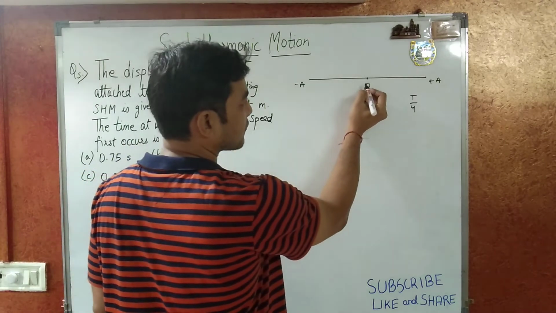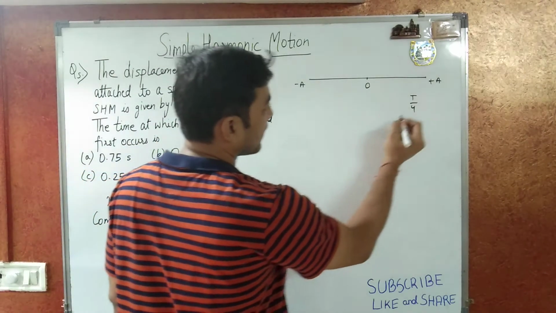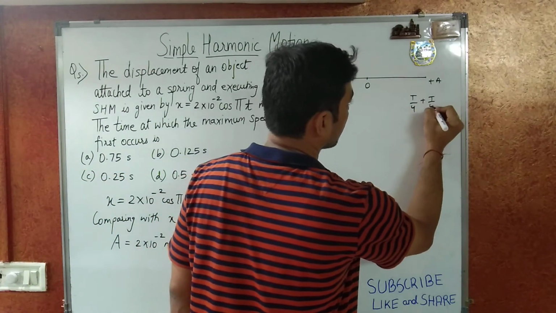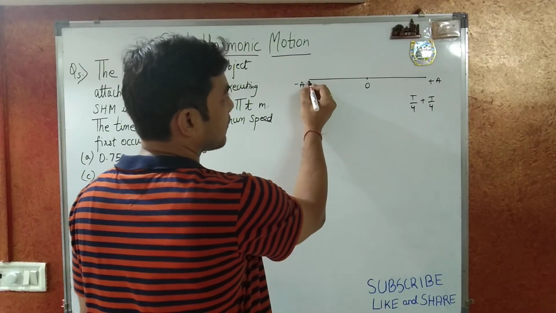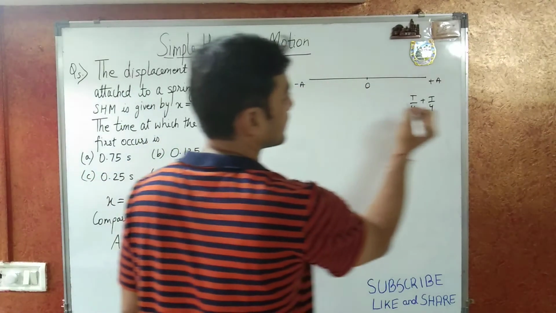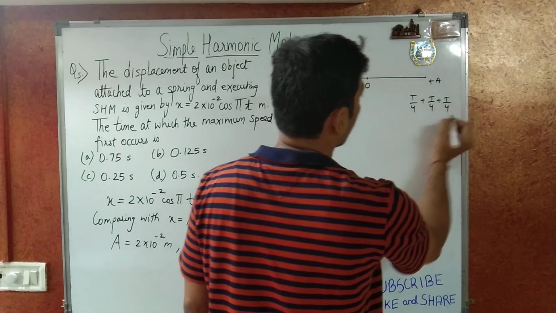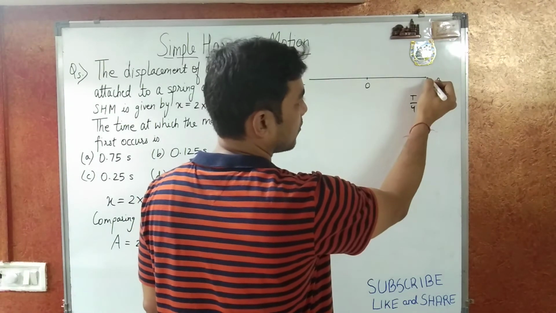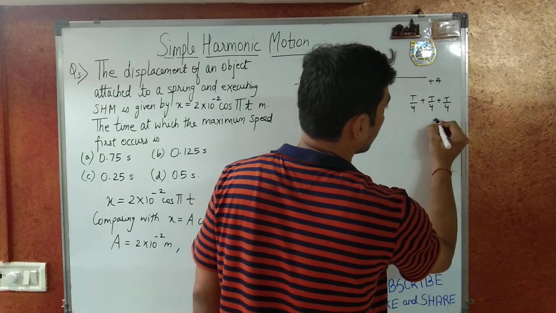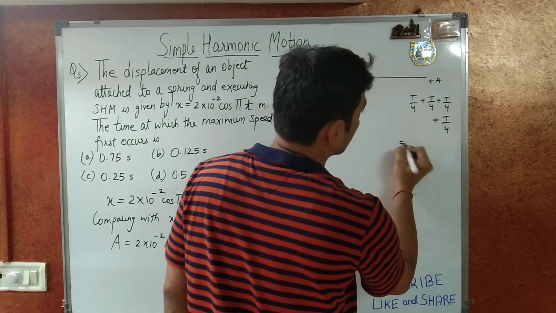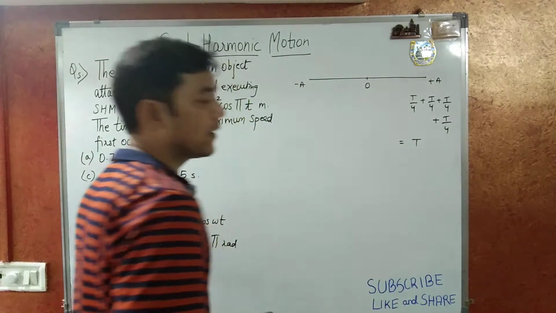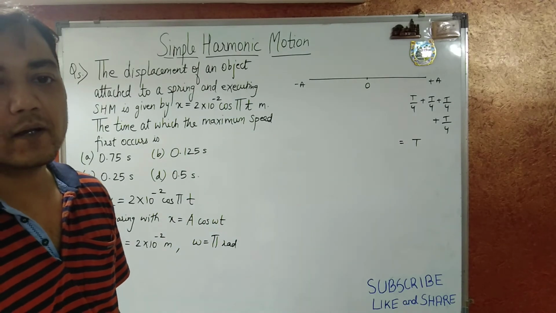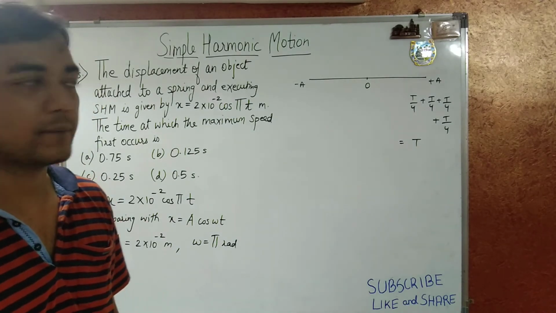Again, if it has to go from O to minus A, it will take time T by 4. Again, from this to this, T by 4. And finally from O to this point, again T by 4. So basically the total time period turns out to be capital T for one oscillation.